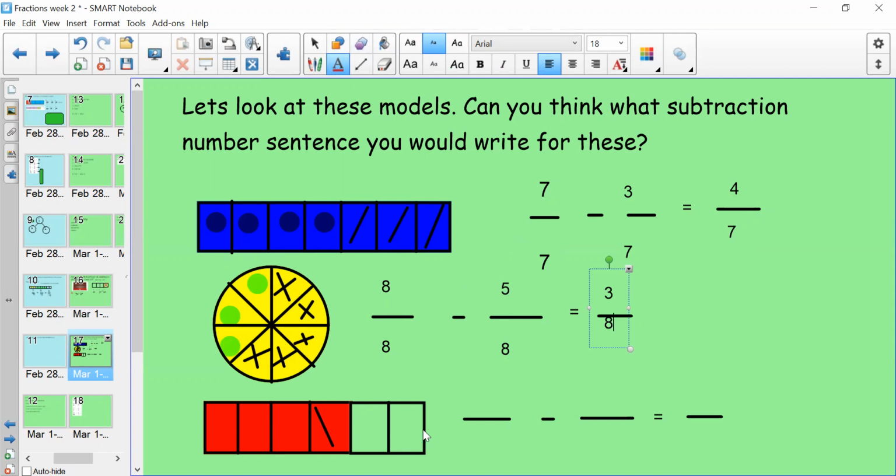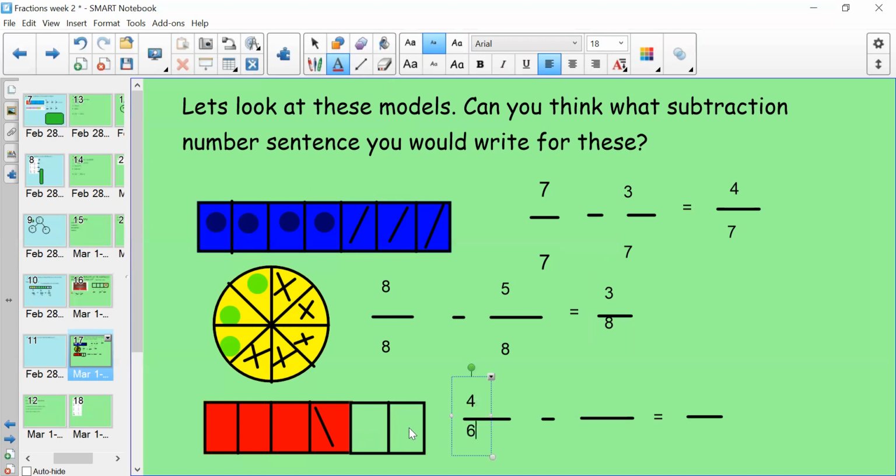Okay, then for this one, it's slightly different because we don't have all of the parts shaded in red. We still have to count the whole fraction though. So we've still got 1, 2, 3, 4, 5, 6. We still have 6, but we only had 4/6 to begin with because that's what's shaded in red. So the fraction is 6, but we only had 4 in the beginning.